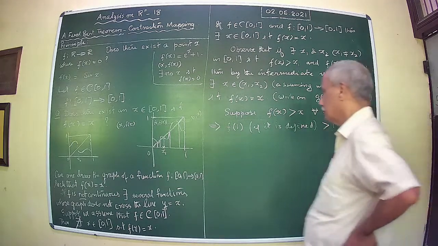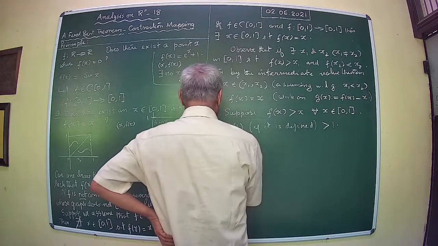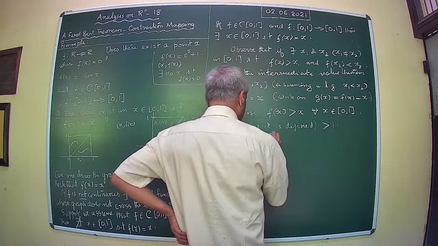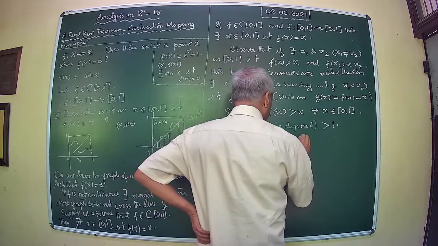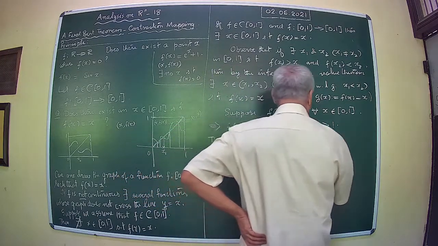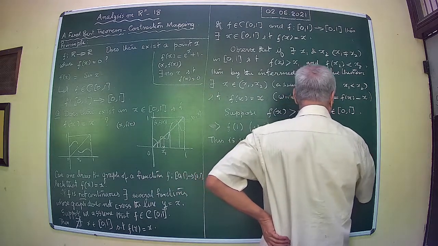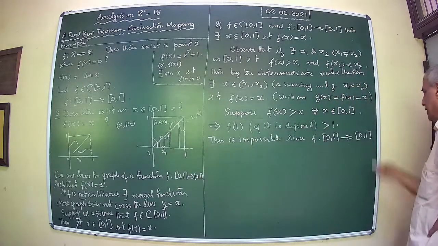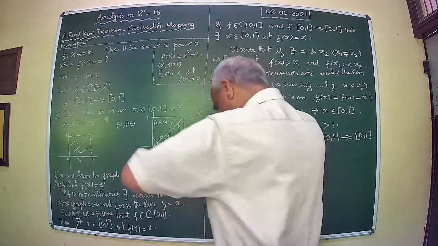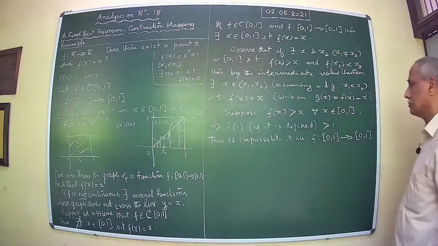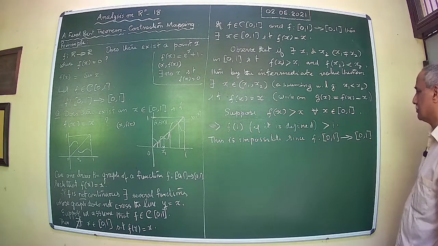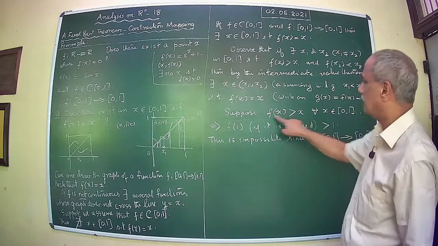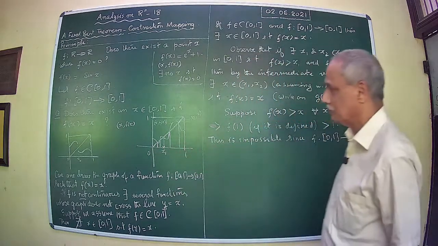This is impossible. So the range of f certainly lies between 0 and 1. Therefore, if you assume this, then the function is not defined on the whole interval 0 to 1, which is a contradiction.